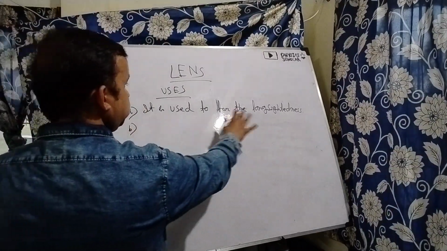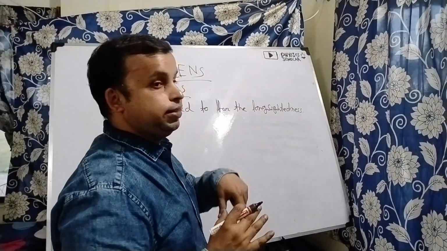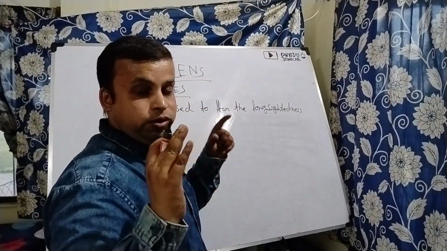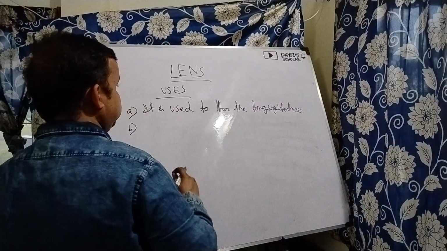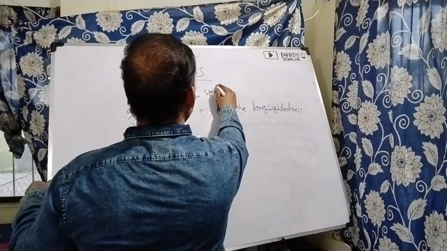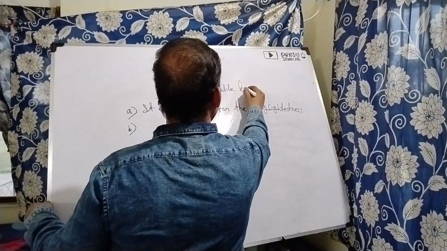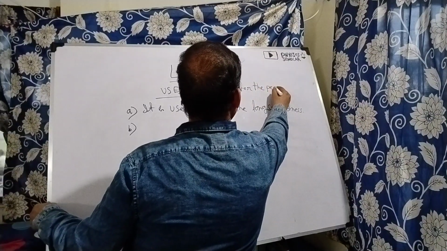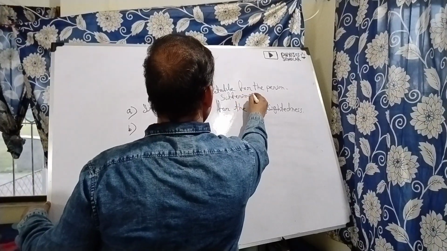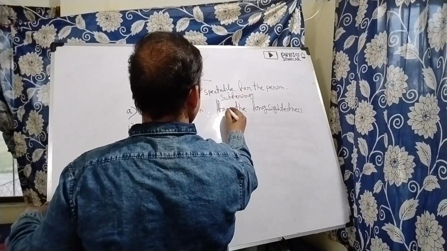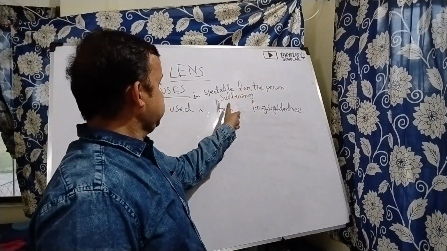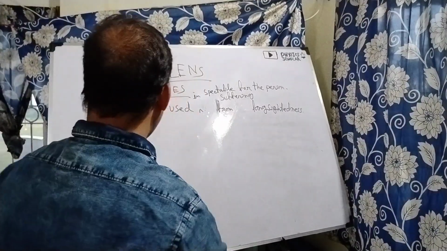That portion I will explain in detail, how we can correct these things. So it is used in spectacles for the person suffering from long-sightedness. Clear?